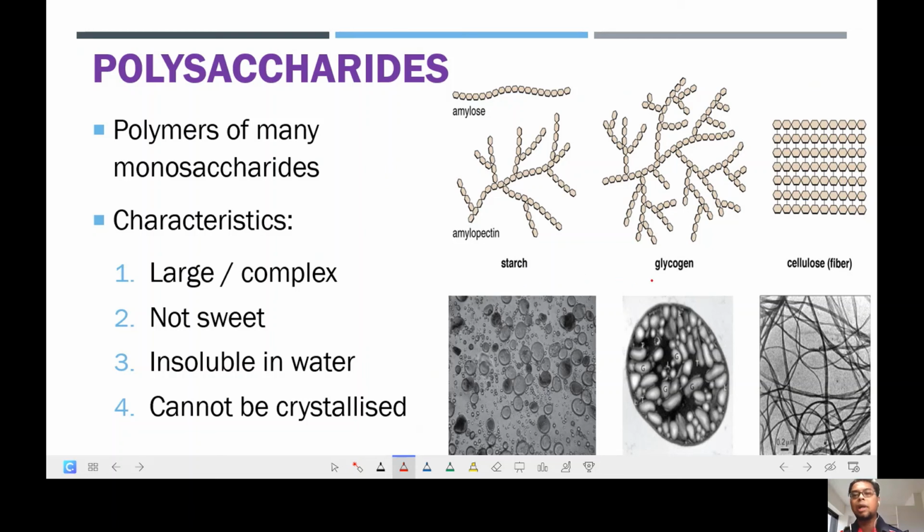Meanwhile, the second type is the glycogen. And the glycogen is one of the storage materials in animal cells and also human cells. The third type of polysaccharide is the cellulose, which is an important component of the plant cell wall.